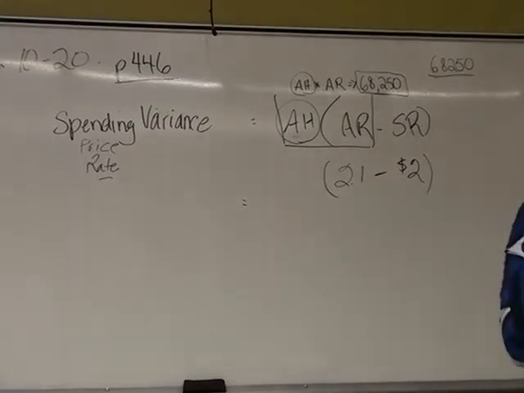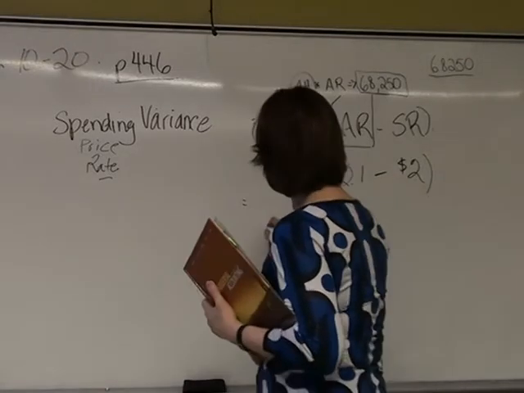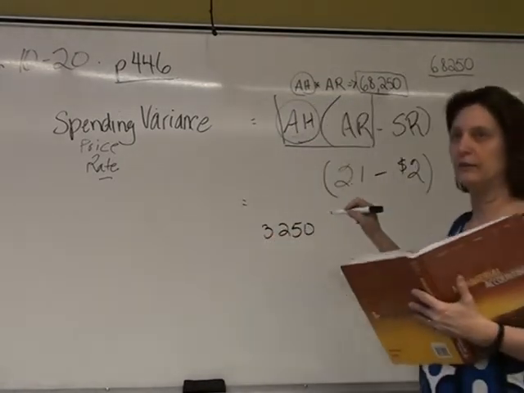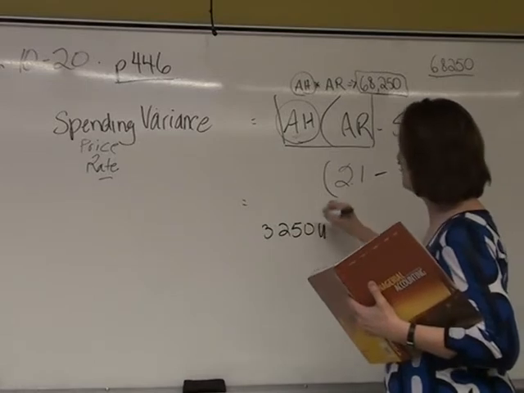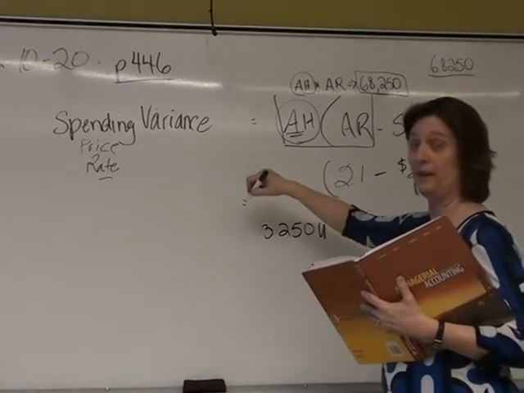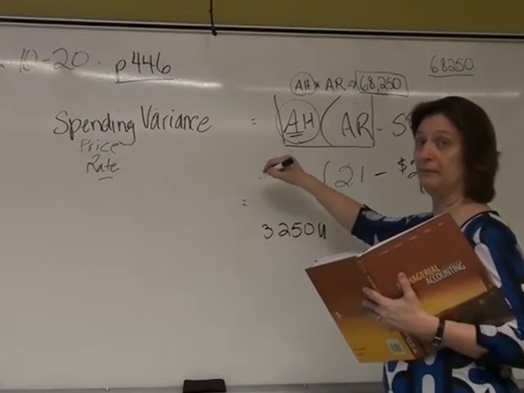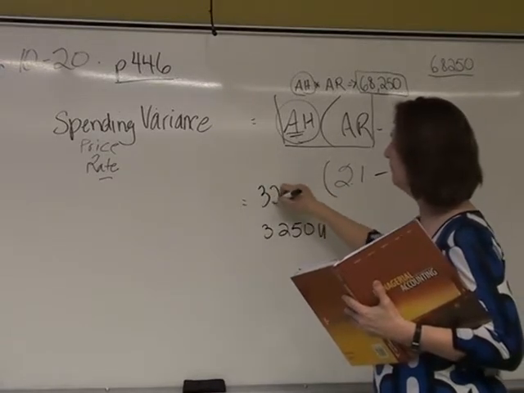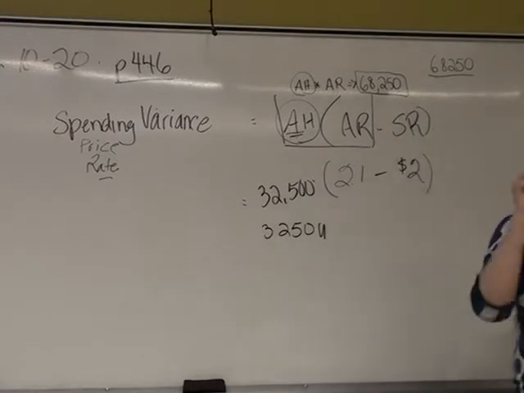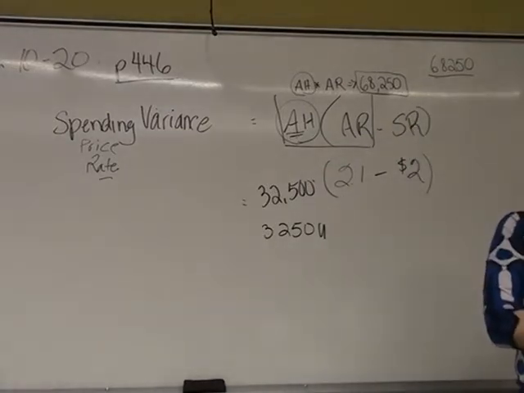Let's see. Do you guys end up with 32.5? Yes. And it's favorable or unfavorable? Perfect. Okay, so tell me what to write down here. Actual hours, 32,500. And you got that from the labor question, right?